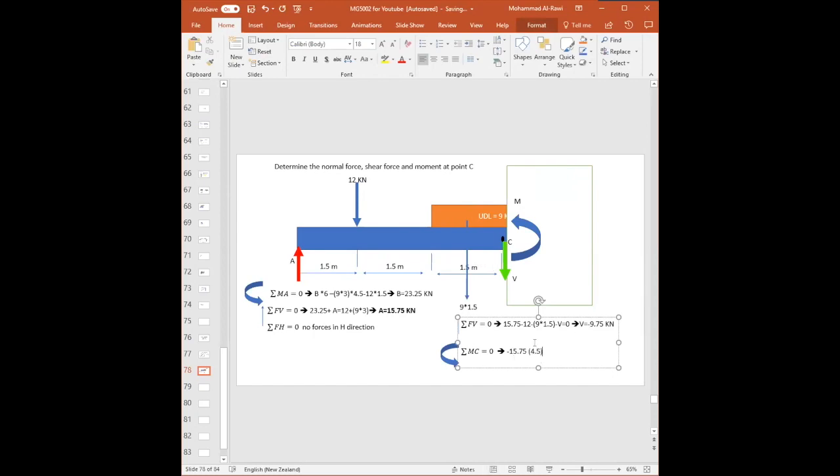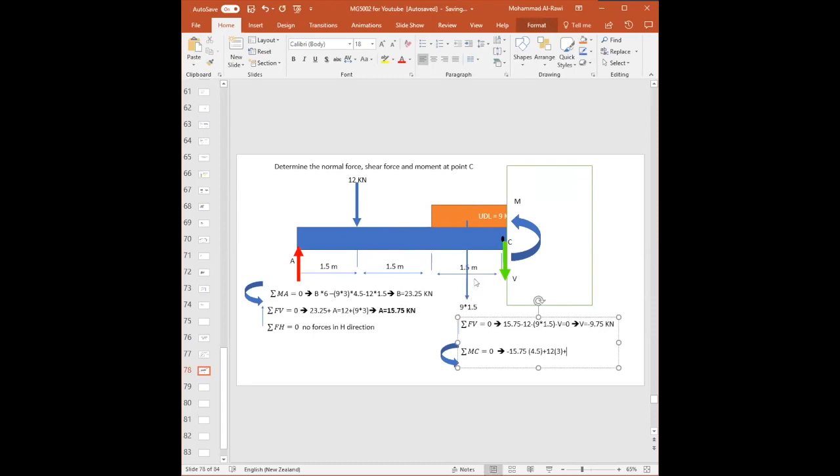All right, we work from here. Now, the 12, which direction will it try to rotate? Counterclockwise. Perfect. Plus 12 times the distance, 1.5 plus 1.5 is 3 meters. Awesome. Plus, what do you have? The UDL.